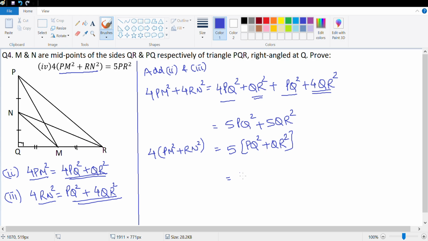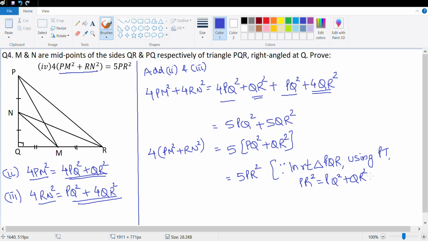So 5 PR square, since in a right triangle PQR, using Pythagoras theorem, we get PR square is equal to PQ square plus QR square. So that's the reason for this, which means we've got what the question wanted us to prove, which is 4 times PM square plus RN square is equal to 5 PR square.